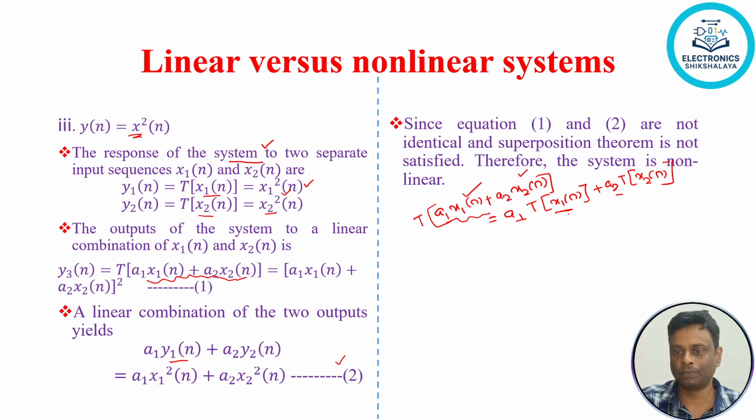Here also we replace x with x2 of n, then multiply by a2, then sum it up. If both are equal, then the system is a linear system. So this is the difference between linear and nonlinear systems.